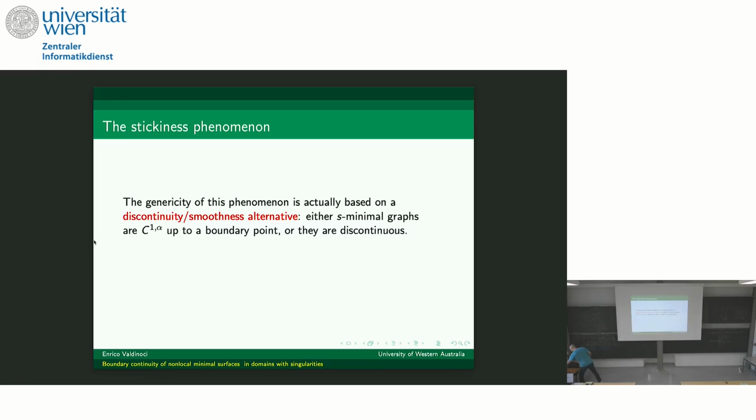So how would you prove genericity? Our first attempt to prove it was like this. Suppose that you don't have stickiness, so you are in a situation like this.